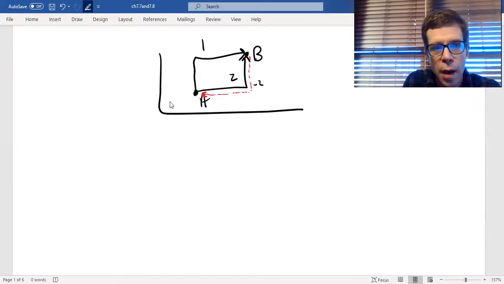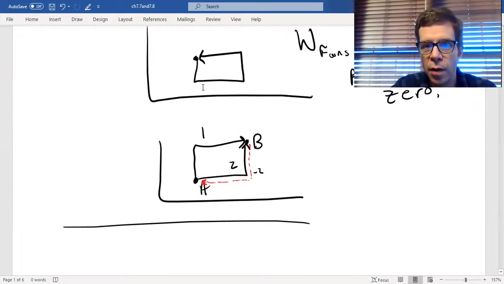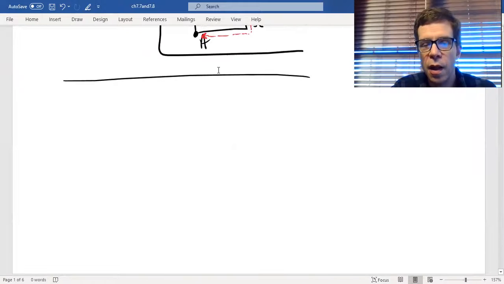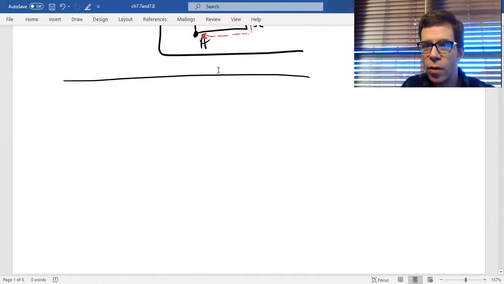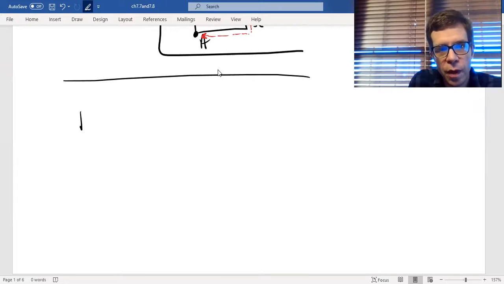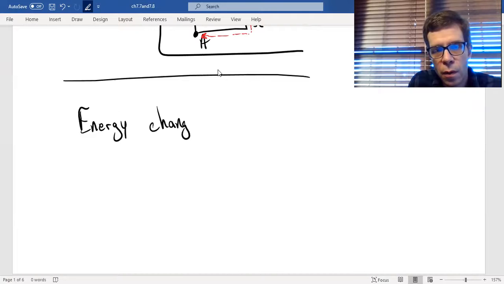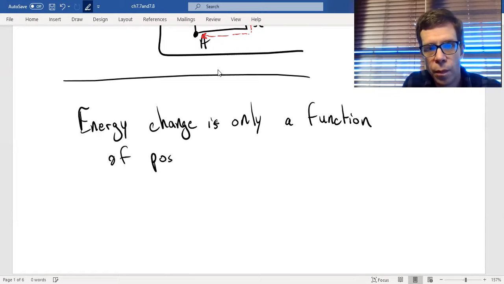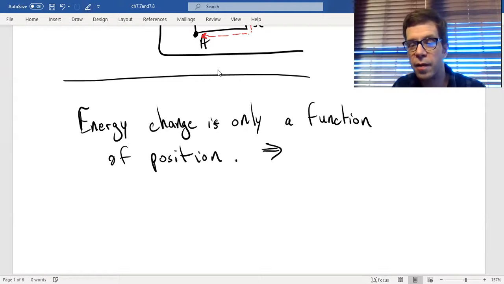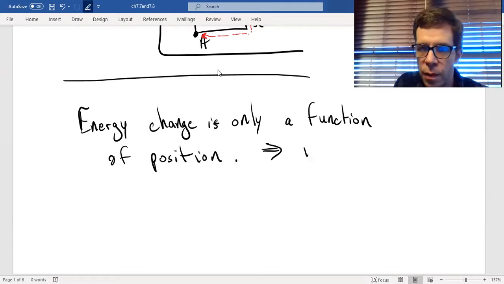All right. So one key thing is the closed path. The other key thing is that means that it's only dependent on position, right? So the energy change is only a function of position. And that's key because that means we can make a potential.